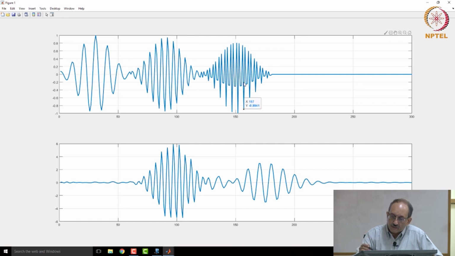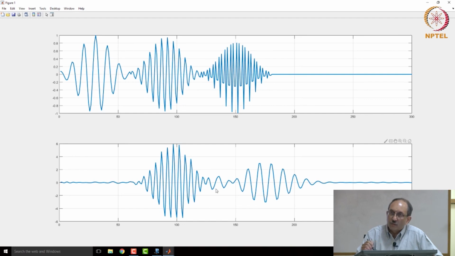What is the other striking thing that you see? So this is gone, but among the two pulses that are remaining, what is it that you see? The first pulse and the second pulse, the order has been reversed, right. First pulse occurred earlier in time compared to the second pulse.